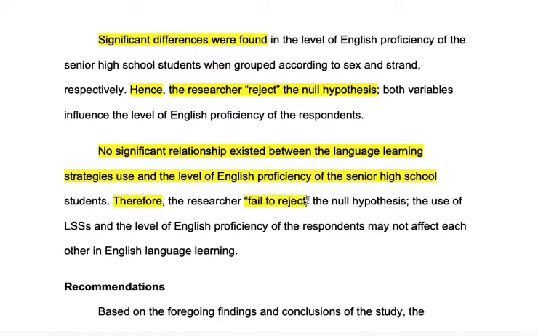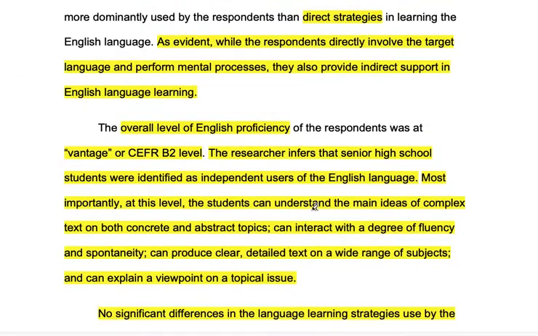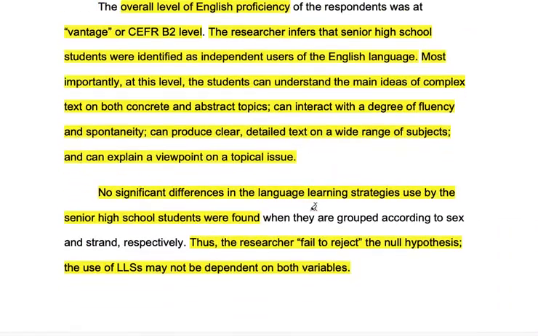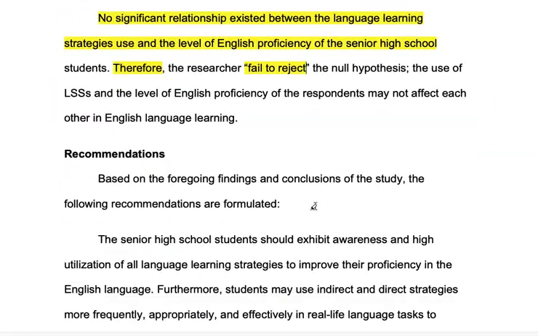Again, if there is no significant relationship or no significant differences found, we write failed to reject the null hypothesis. If there is, on the other hand, a significant difference found, we write reject the null hypothesis. So that's it for conclusions, okay? Conclusions, we have the summary of findings and the latter part, conclusions, okay?